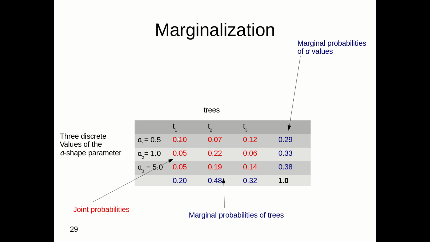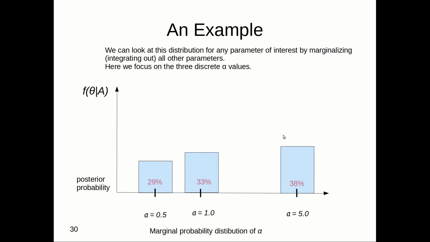If we sum over the entries in the columns, we get the marginal probabilities of the different tree topologies. If we sum over the entries in the rows, so we marginalize out the trees, we get the marginal probabilities for the alpha values. Okay, right. So here's another example. We can look at the distribution for any parameter of interest by marginalizing or integrating out all other parameters.